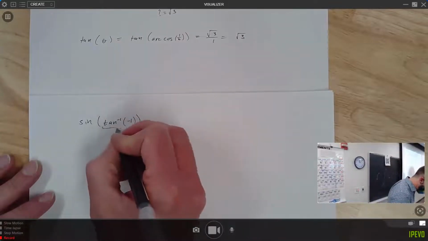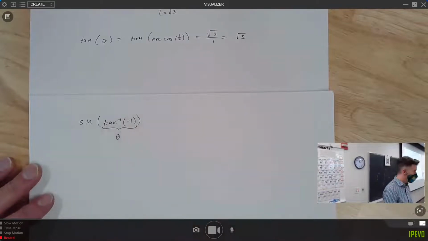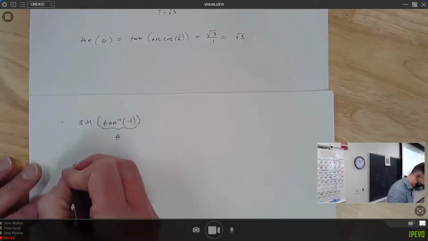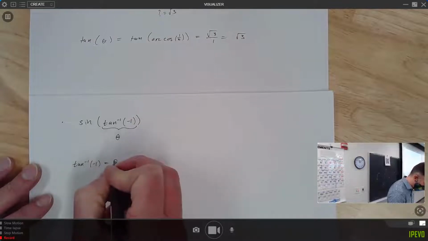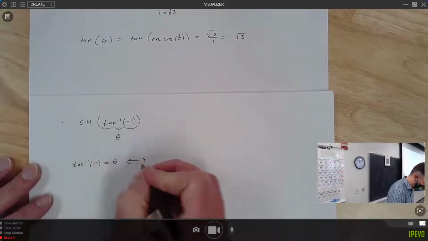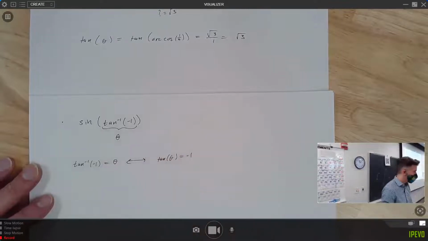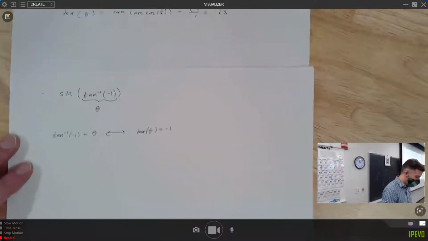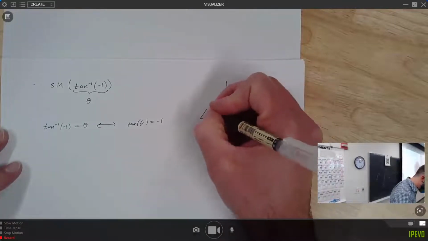But I do know that inverse tangent of -1 is some angle. Inverse tangent of -1 equal to an angle is equivalent to tangent of that angle equals -1. I don't actually need to know what the angle is.